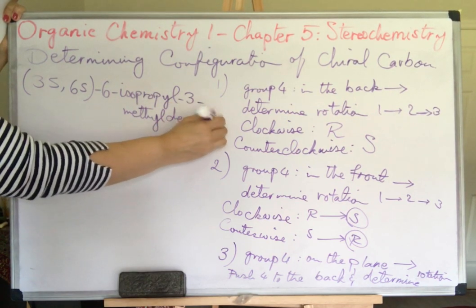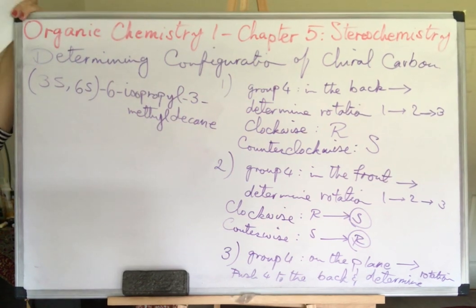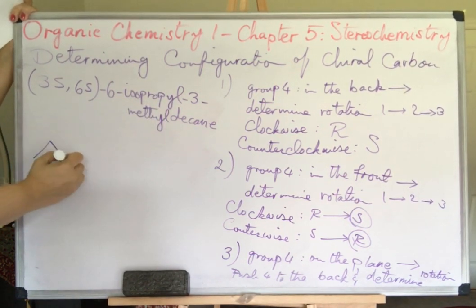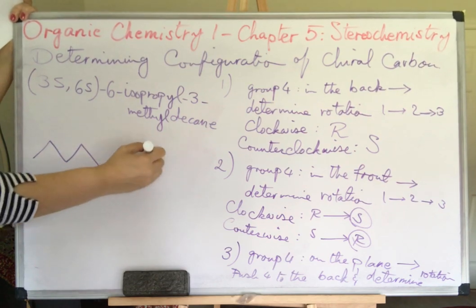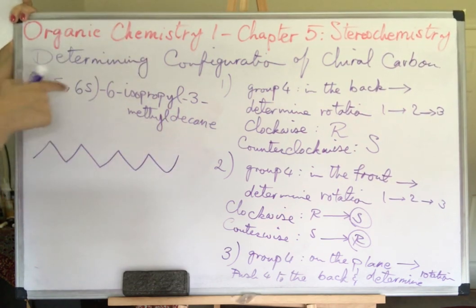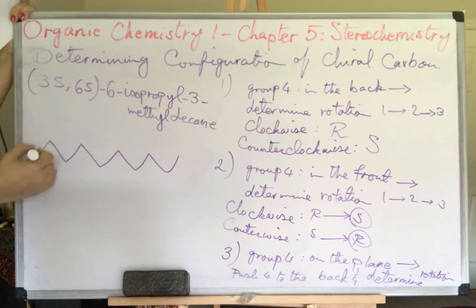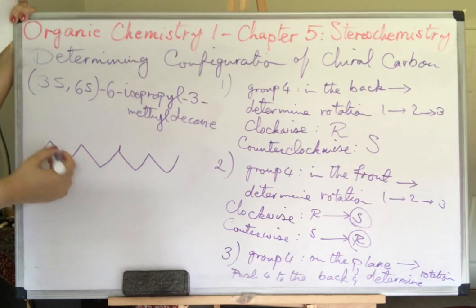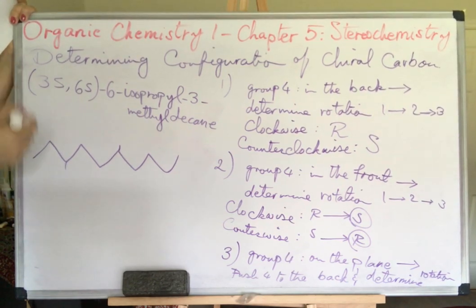So in the longest chain we have how many carbons? 10. 1, 2, 3, 4, 5, 6, 7, 8, 9, and 10. We have a group on 6, 1, 2, 3, 4, 5, and 6, and we have a group on the third carbon. Okay? The rotation should be S.